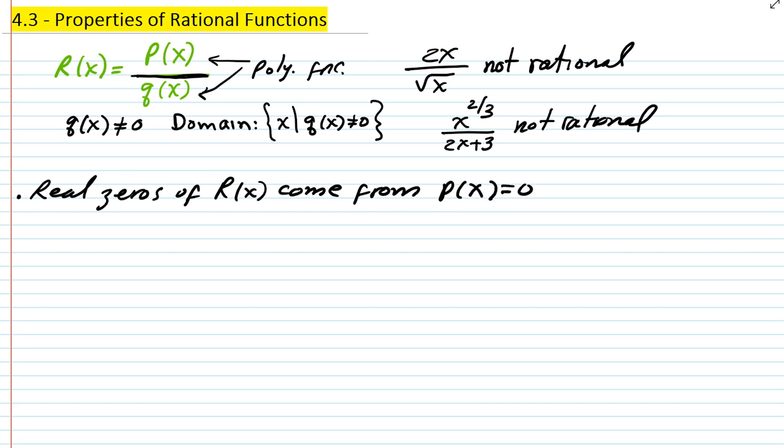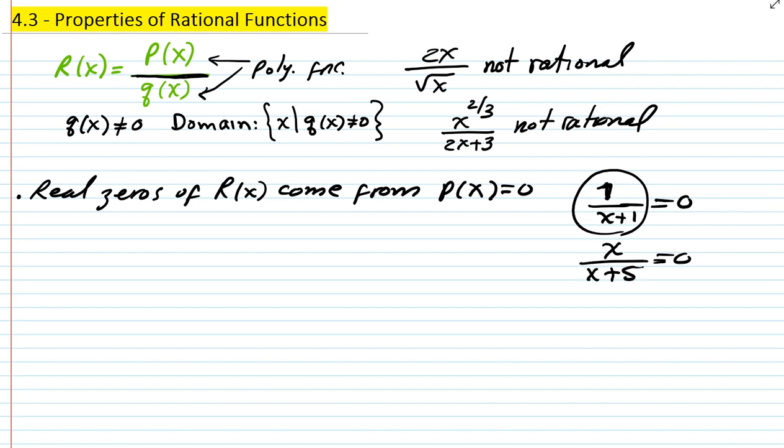And it's very easy. Let's say I have a fraction, 1 over x plus 1. In order for this to be 0, well, the numerator, notice, is always 1, and there is no way this fraction can be 0, even when x is 0. But suppose I have x over x plus 5 equals 0.